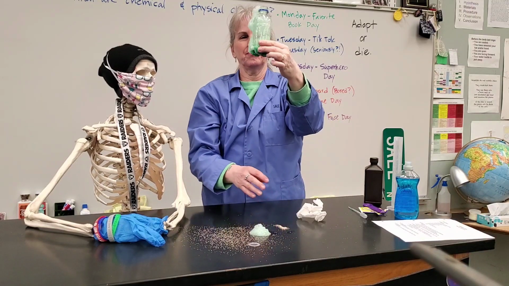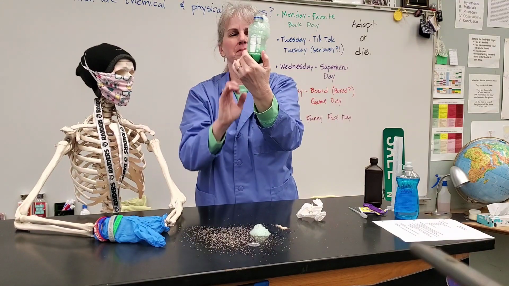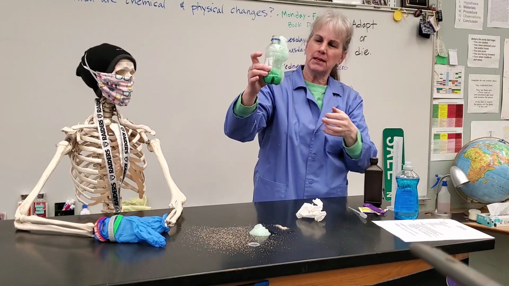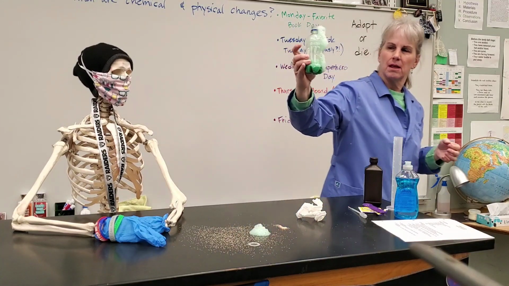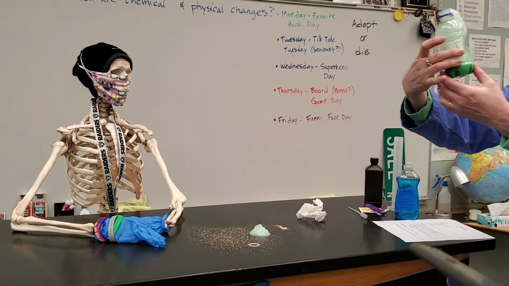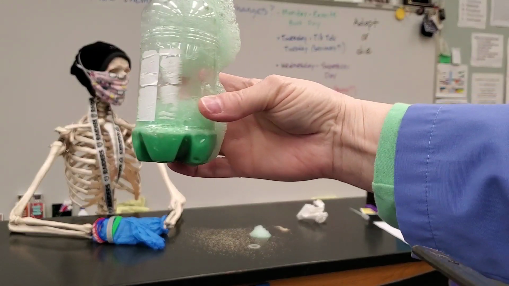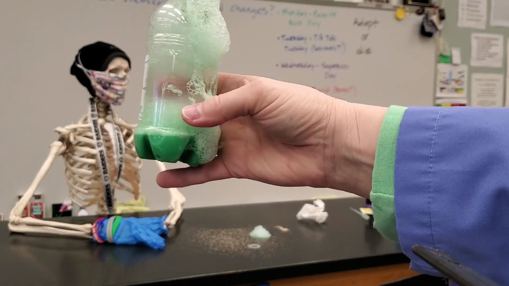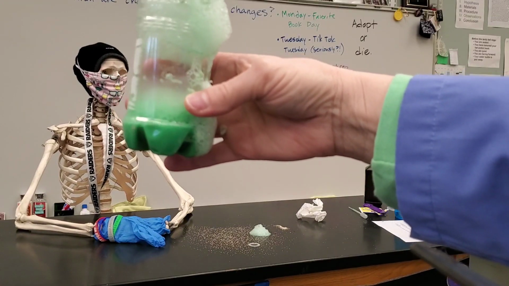And we've got some, looks like yeast on the side, but it's kind of separated. See how it's kind of separated out? We've got the stuff on the bottom. It just looks still like the runny stuff on the bottom.